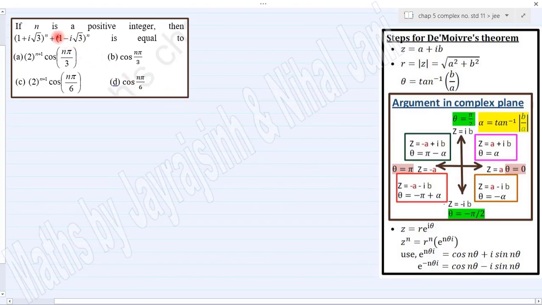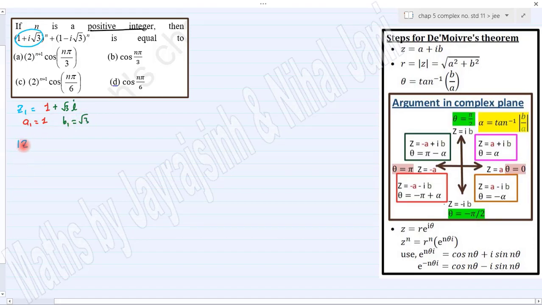In this question, your n is a positive integer and we have to find (1 plus i root 3) raised to n plus (1 minus i root 3) raised to n. So let's simplify one by one. Let's consider your first complex number as z1, 1 plus root 3 i. The real part of z1 is 1 and the imaginary part of z1 is root 3.